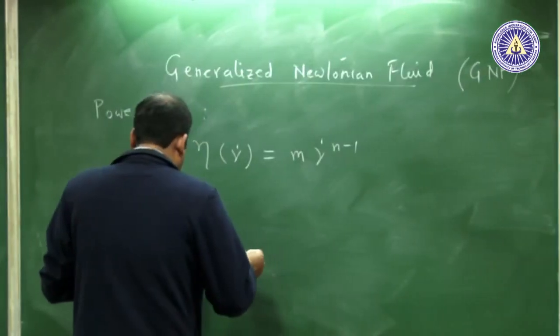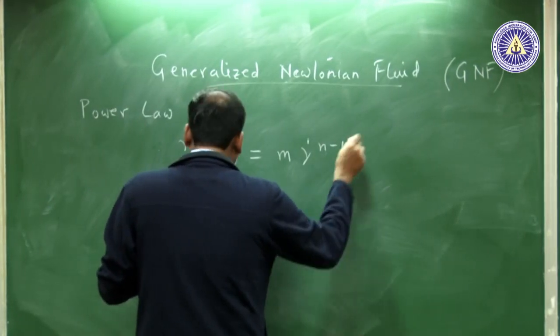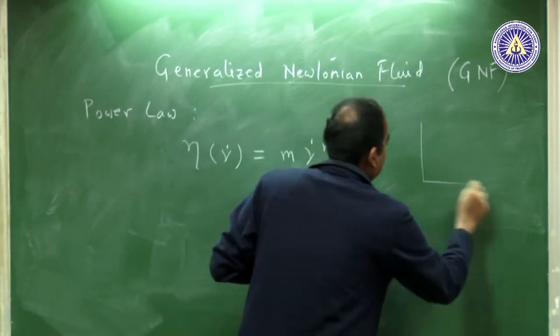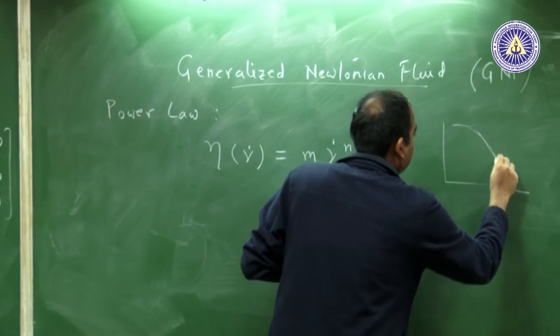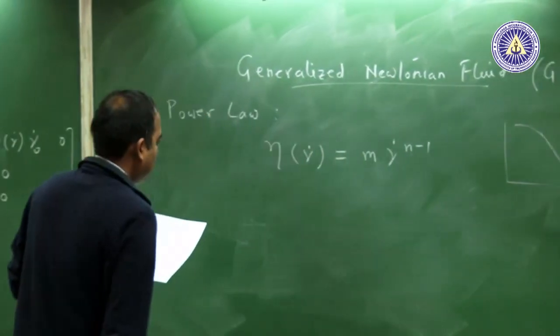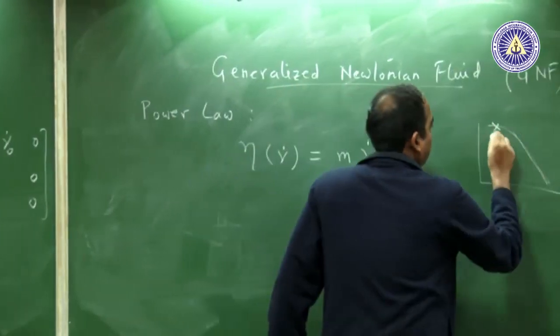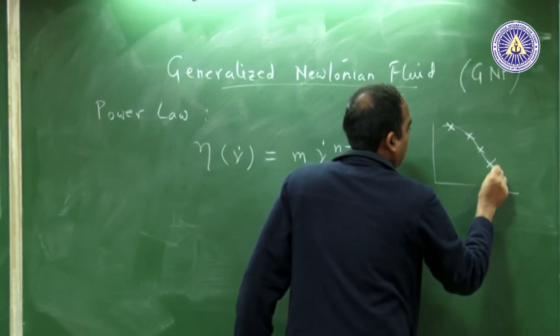So this n is from the data, and you fit this part and you will get an exponent.